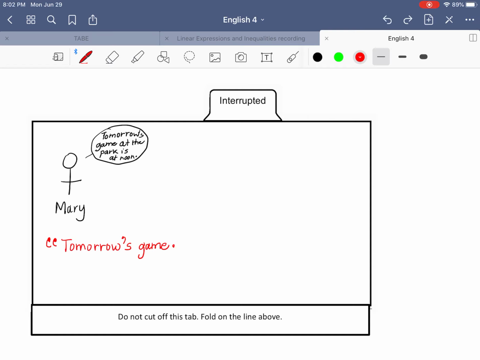Tomorrow's game at the park, said Mary. Let's leave the modifier with it. And then I'm going to finish the rest of that quote. So we open those quotes again, but you don't capitalize that one. Is at noon.